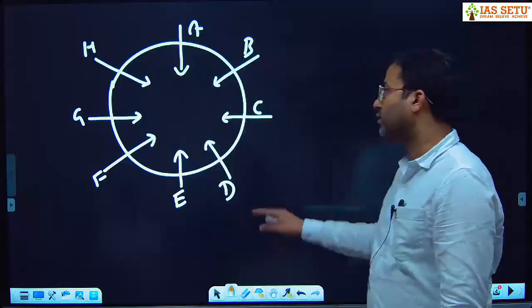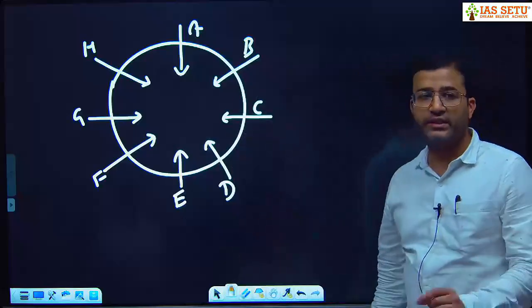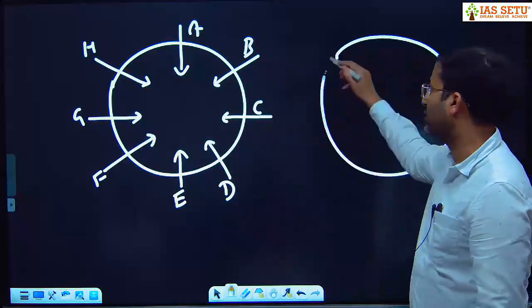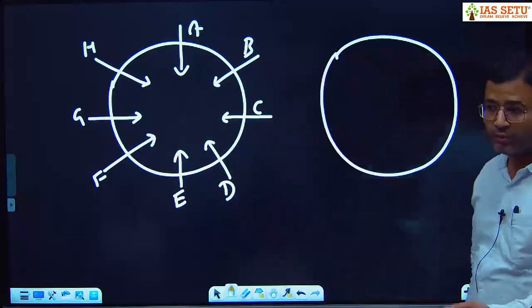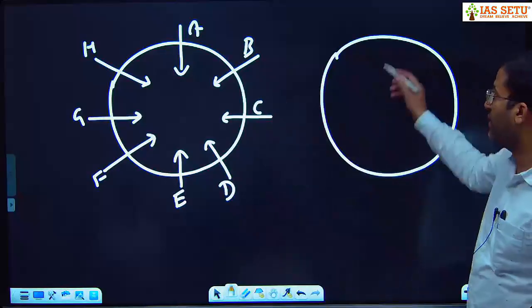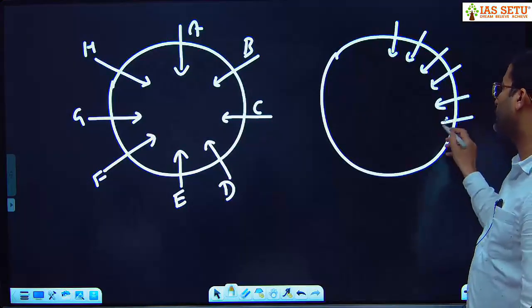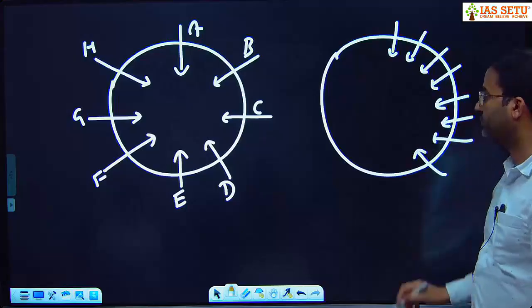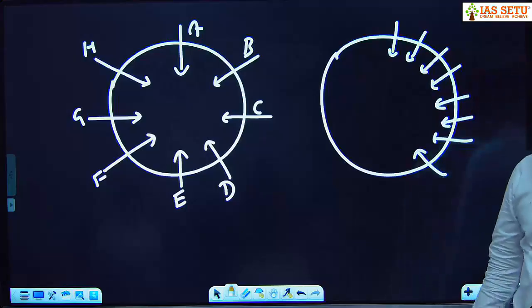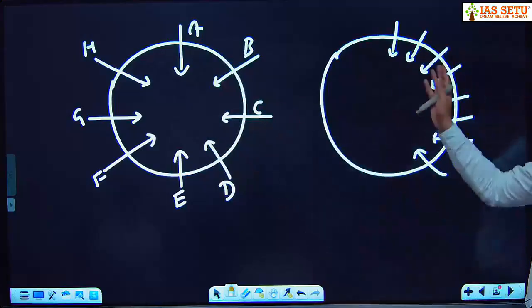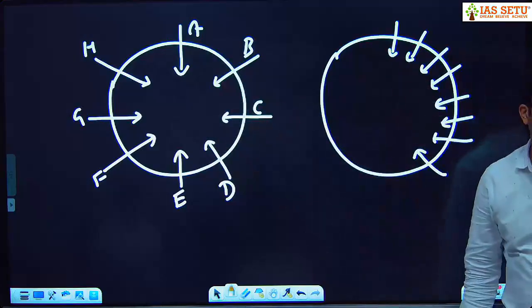So here, when I will discuss this seating arrangement with you, what happens when I say facing center? There are 8 friends. Some students make a diagram like this: 1, 2, 3, 4, 5, 6, 7, 8. Because sometimes they mention A and E are sitting opposite to each other, but here no one is sitting opposite to each other. So this is wrong.